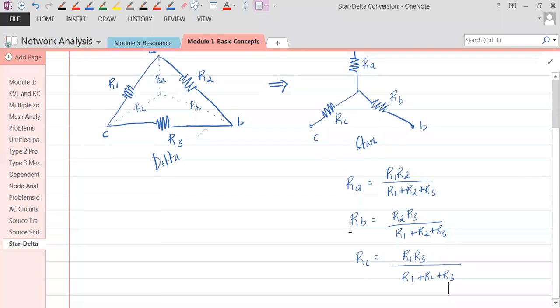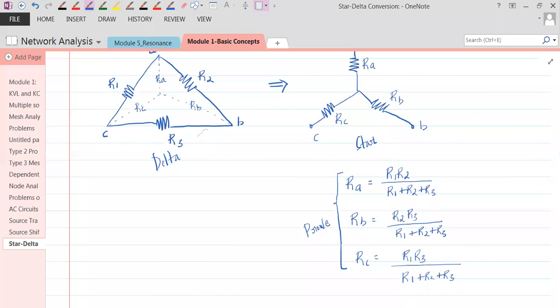Understand that? So let's see the proof now. This is what we have to obtain. When you are asked to convert delta into star, this is what we have to obtain. So you have to prove this.